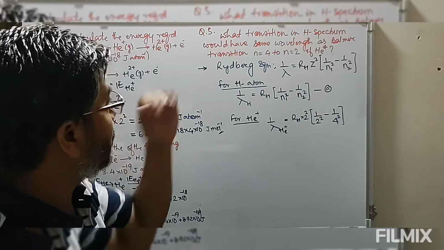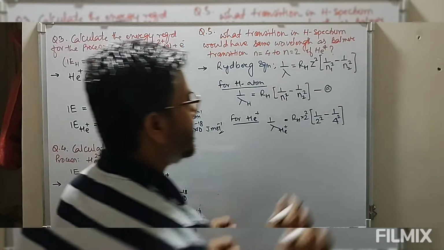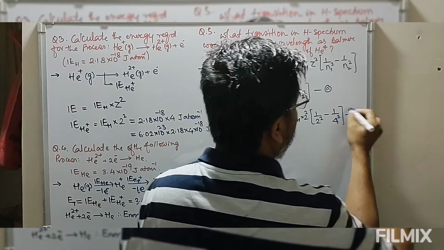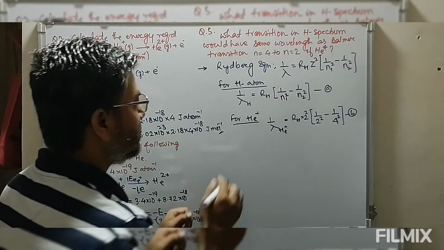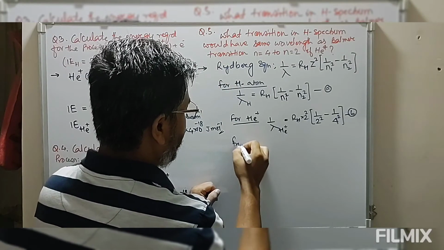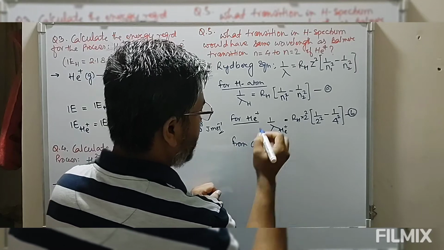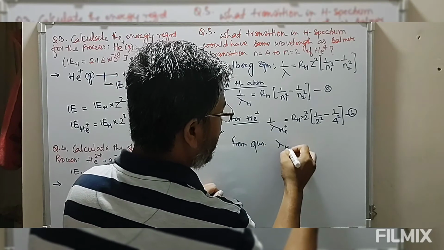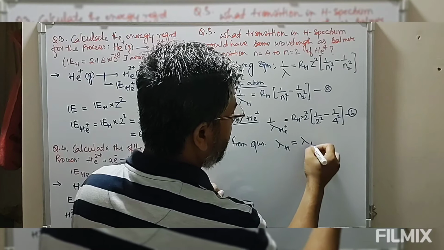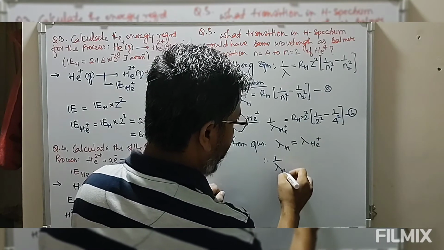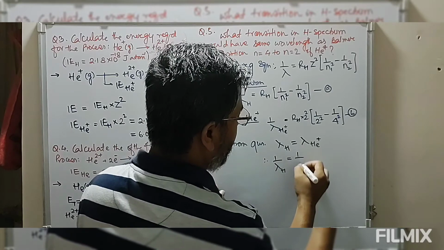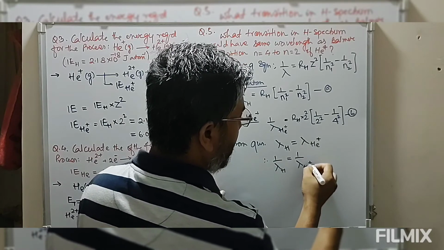Now the question says both have the same wavelength. If both wavelengths are the same, then 1 by wavelength will also be the same. So from the question, the wavelength of the hydrogen transition is equal to the wavelength of the helium transition. Therefore 1 by wavelength of the hydrogen transition will also be the same as 1 by wavelength of the helium plus transition.